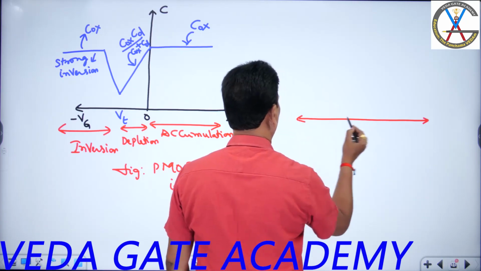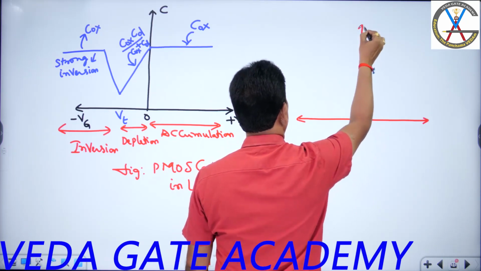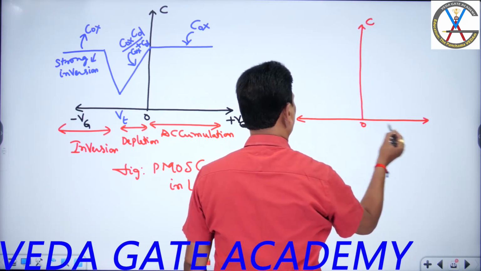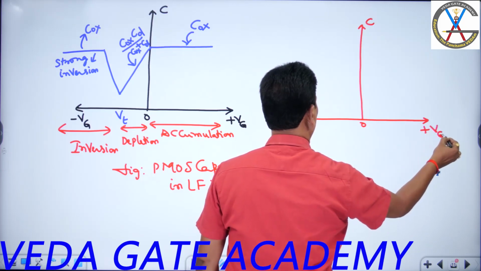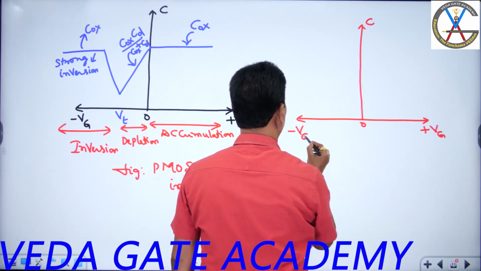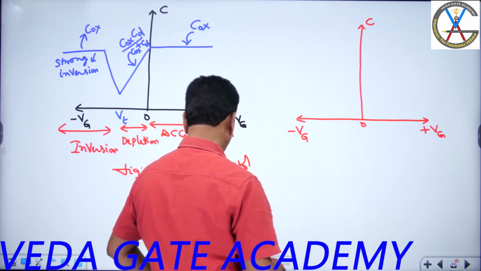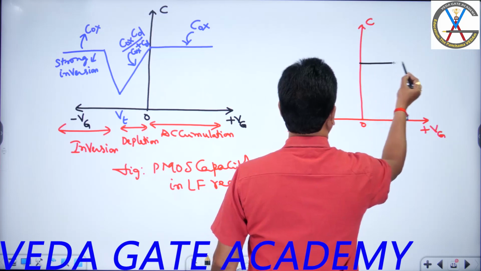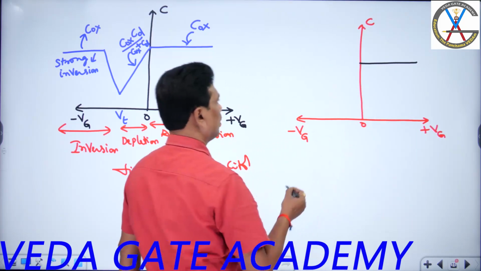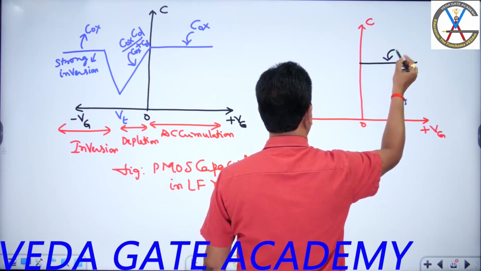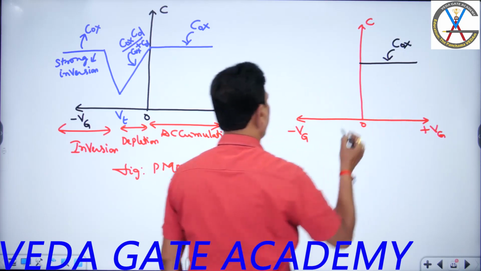This is the PMOS capacitor in the high frequency model, sir. Now we can examine it. This is the accumulation mode. You know that COX: there the capacitance considers only the oxide region, which is maximum and constant.